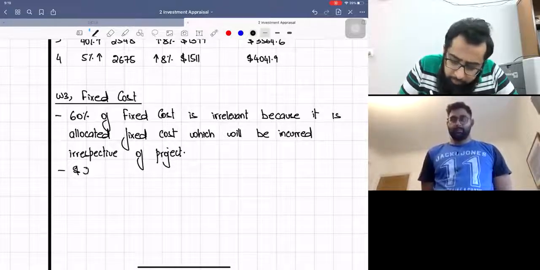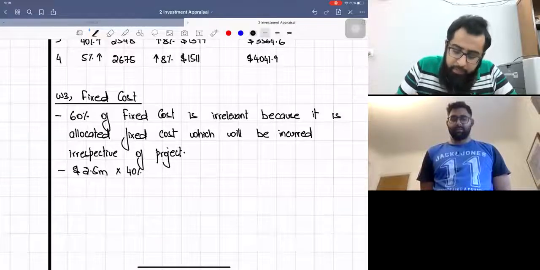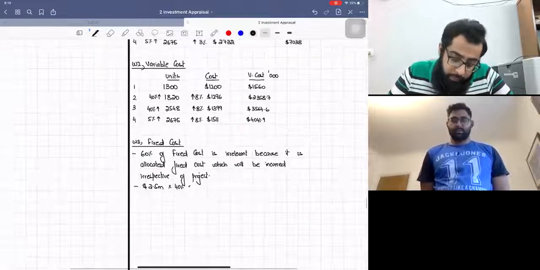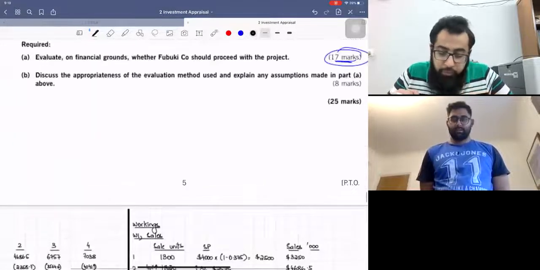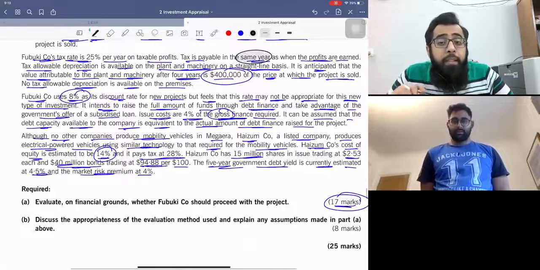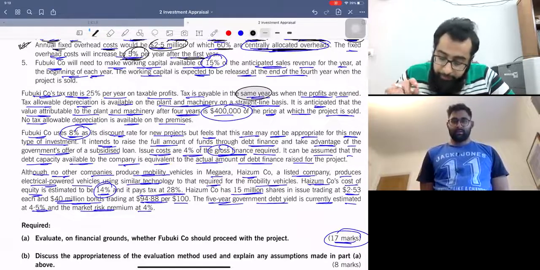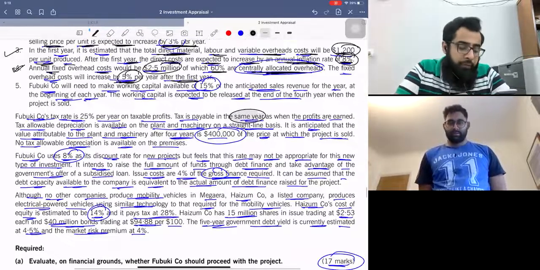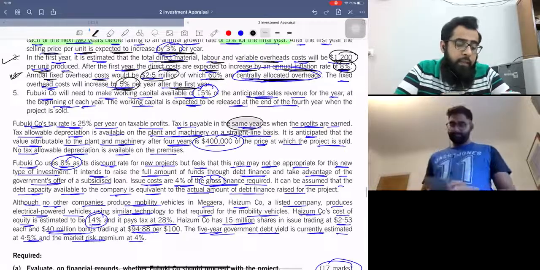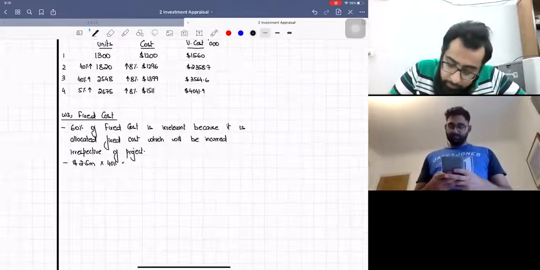I think it was 2.5 million. Let's make a verification. Yes, it was 2.5 million and it is expected to increase by 5% every year. So 40% of 2.5 million is 1,000.